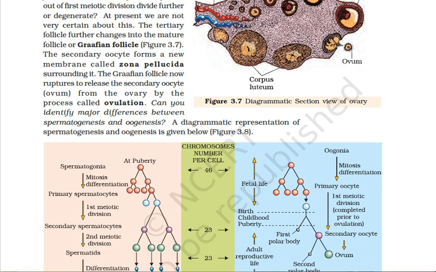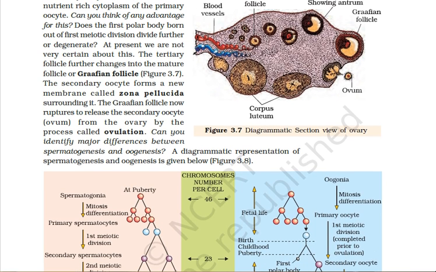I mentioned earlier, these cells migrate towards the center of the ovary, and some of the cells grow larger and form primary oocytes, while the rest encircle the growing primary oocyte and are called follicle cells.